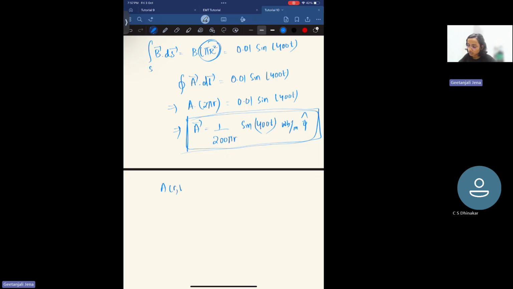A dot dl will be A times 2 pi r, which will be pi r squared B. So pi cancels, r cancels, and A is r by 2 B, which is r by 2 times 1 by pi sine 400t. Okay.